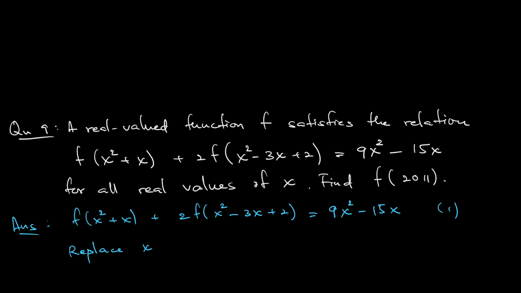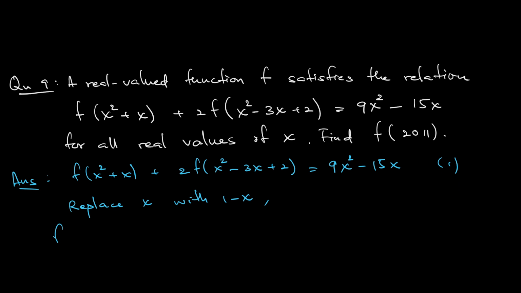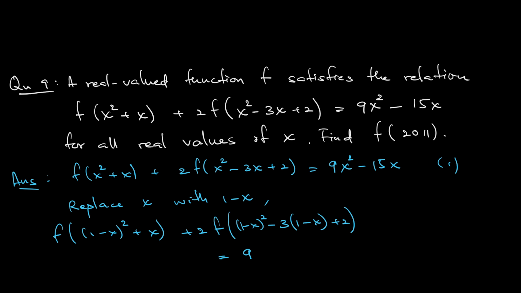So if I replace x with 1 minus x, so this functional relation would be whatever x, I need to replace with 1 minus x, alright? Plus 2f of 1 minus x squared minus 3 times 1 minus x plus 2 equal to 9 times 1 minus x squared minus 15 times 1 minus x.